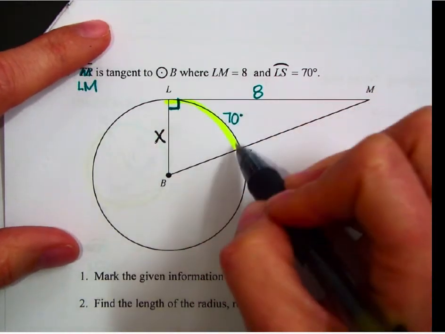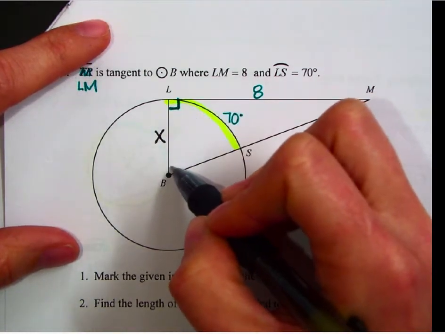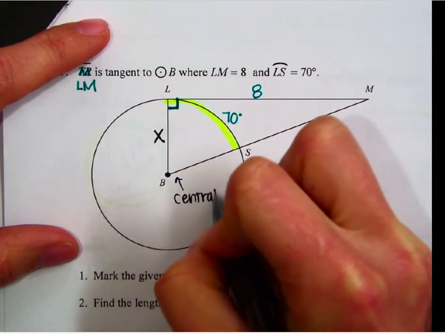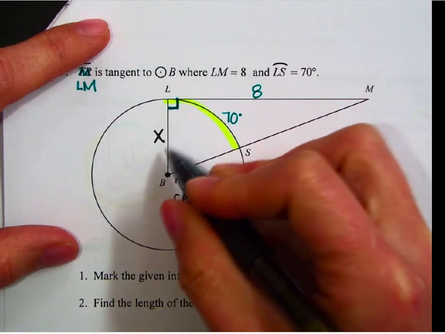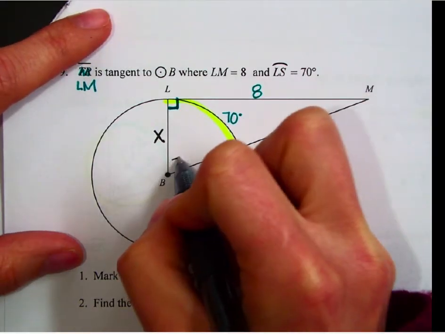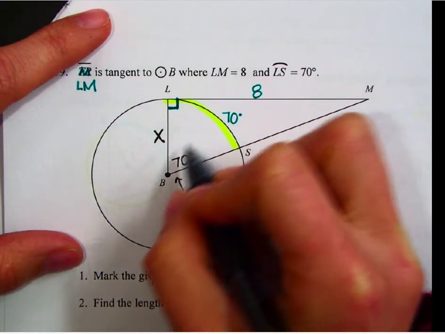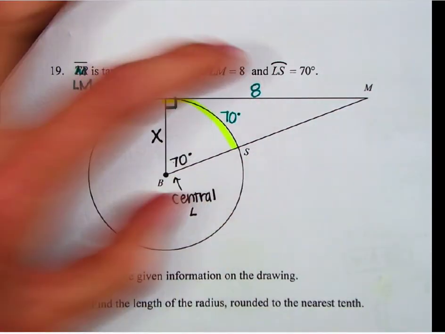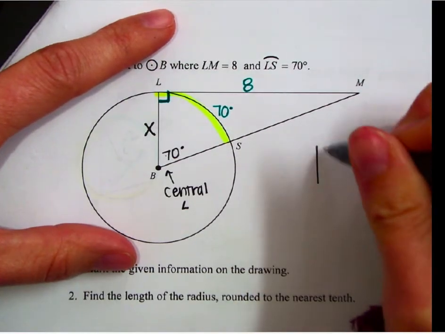This is an arc formed by this central angle. This is a central angle. We know that the central angle and the arc that it's forming have the same degree measure. So if this is 70 degrees, then the central angle here is 70 degrees. And now I have this right triangle, so I'm actually going to redraw it over here.